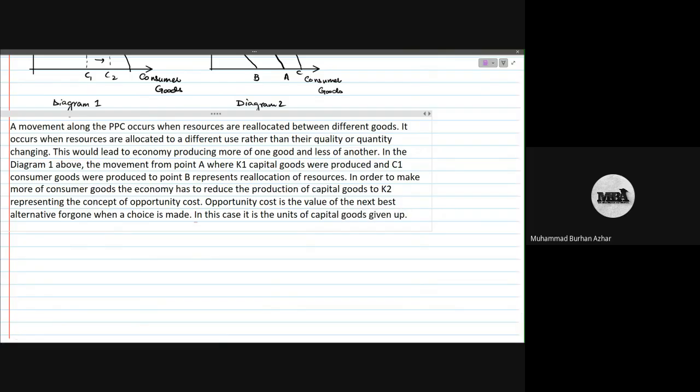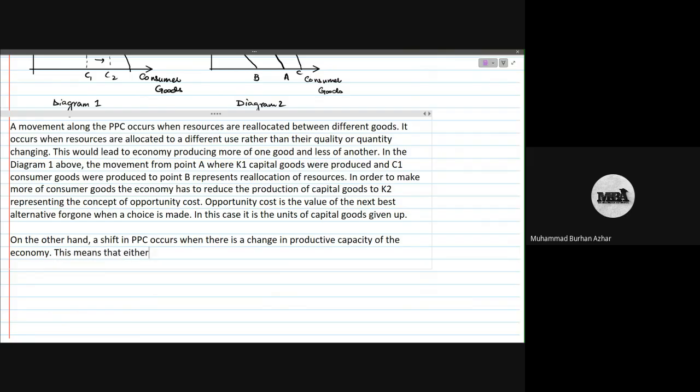Now we'll explain, on the other hand, what a shift in the PPC means. A shift in the PPC occurs when there is a change in the productive capacity of the economy. This means that either the quality or quantity of factors of production change.